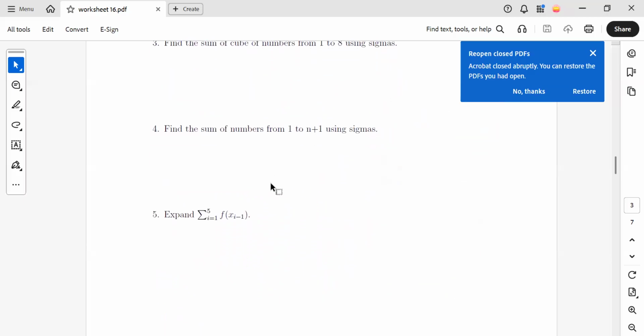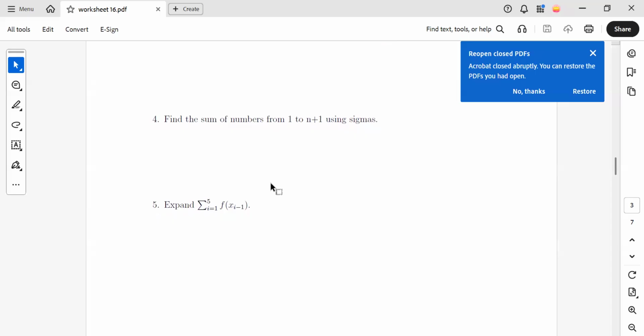Number 4 is about finding the sum of numbers from 1 to n plus 1. So we are going to add 1, 2, all the way to n plus 1. The last number here is n plus 1. It is the same as adding the numbers from 1 to n, because we have all these numbers added together.